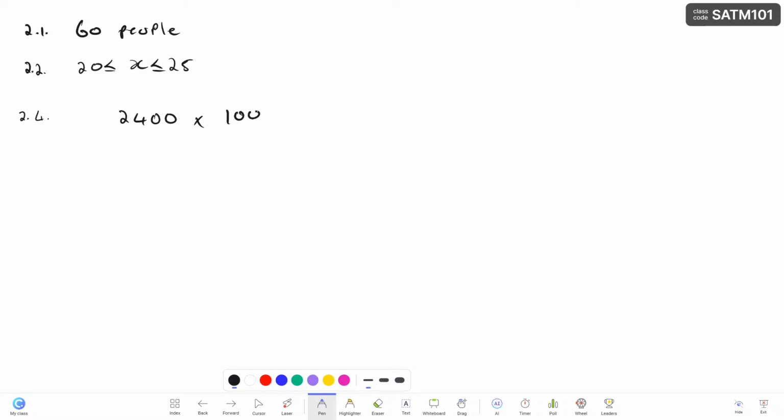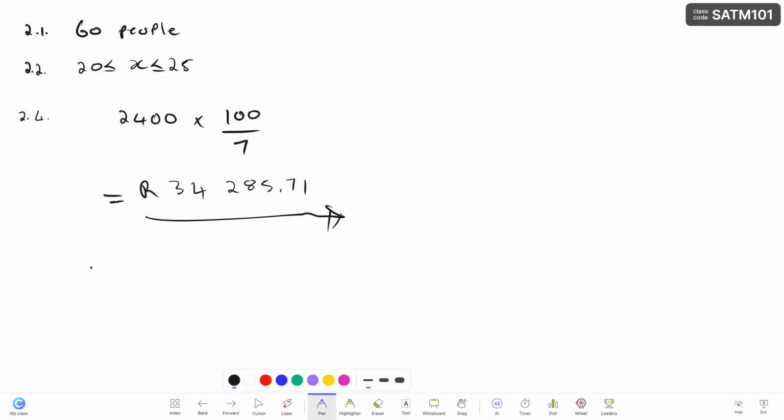It's going to be 100 over 7, so we multiply 2,400 times 100 over 7. His salary is 34,285.71. This is the monthly salary he gets each and every month.